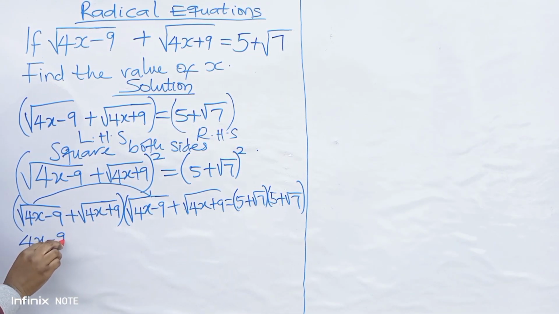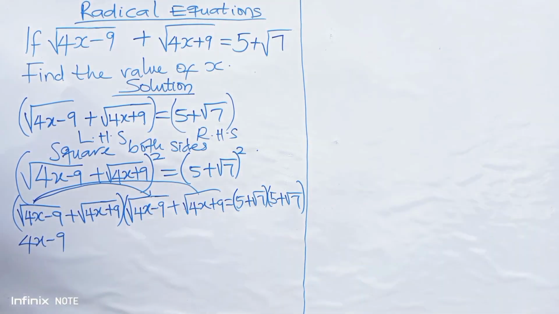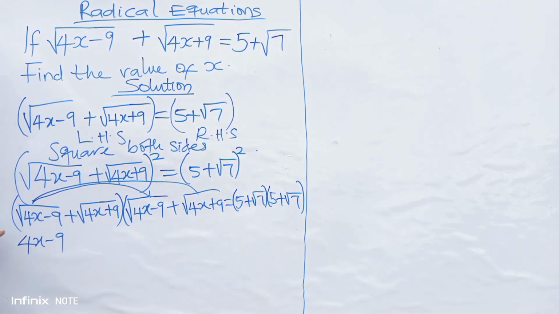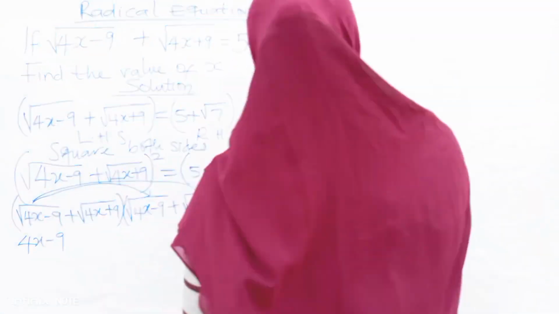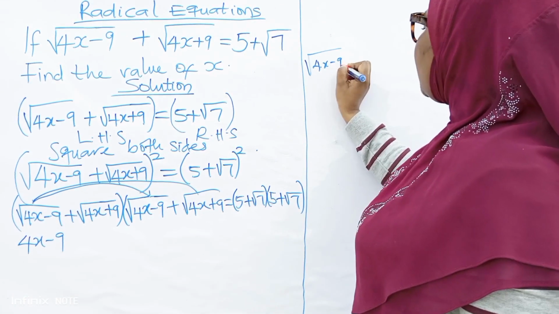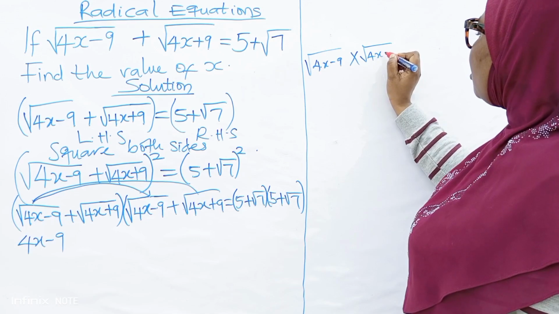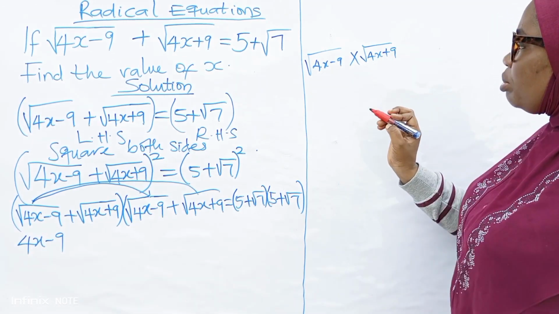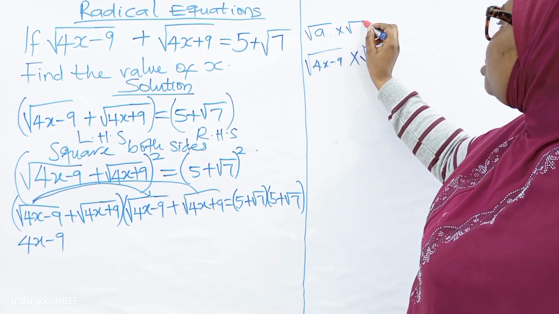Now root 4x minus 9 multiplied by root 4x plus 9. This time around, they are not the same. The expression inside is not the same. This will be like root a multiplied by root b.